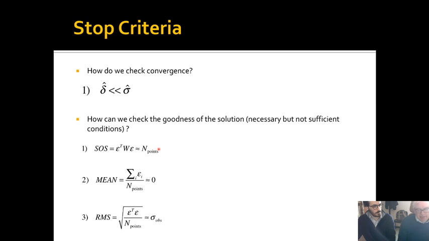But you can already understand why this must be equal to the number of points. Epsilon transposed epsilon is made up of terms which are the residuals squared, epsilon i squared, okay?